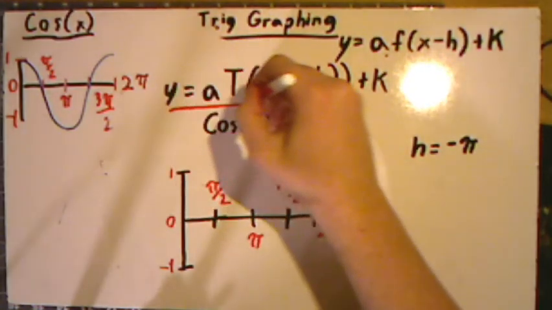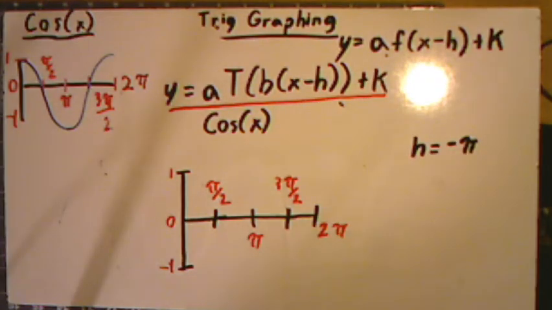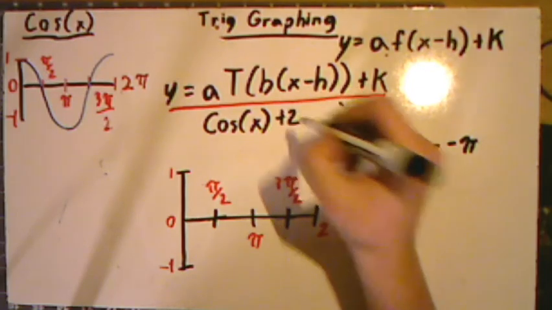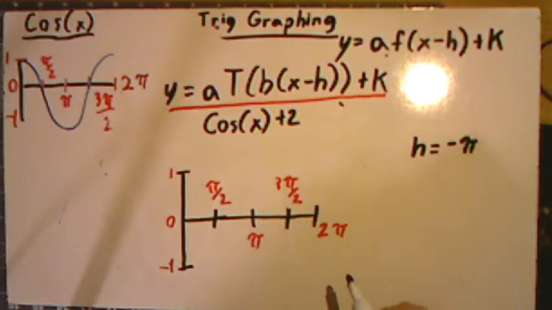Let's see if I can separate this a bit nicely. So we're going to have our cosine of x, but now we're going to change the y value. So let's add 2. So when we add 2, we would still, so to remember about the k value for these functions, is we still have the exact same value.